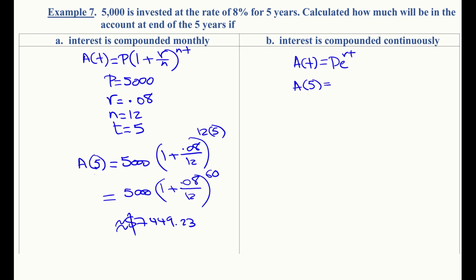P is the same, so 5,000. E to the power of R, which is also the same, 8%, so 0.08, times T, which is also 5. Notice we didn't have any use for the 12 here because we are not doing this periodically. This is continuous, so the formula changes.